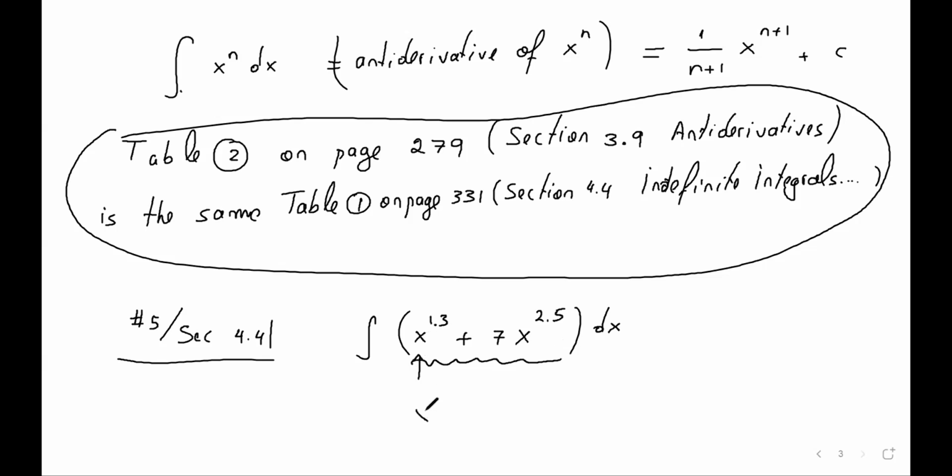So for x to the 1/3, I'm going to get x to the 4/3, since 1/3 plus 1 is 4/3, and then 1 over 4/3, plus x to the 7/5, and then times 7 over 7/5. So this is going to be the antiderivative, folks, of the function that we're talking about.